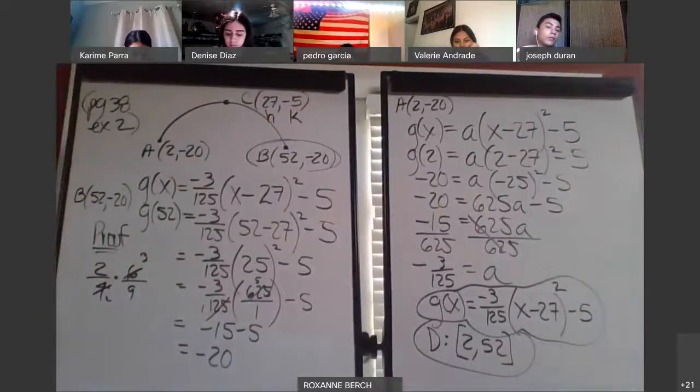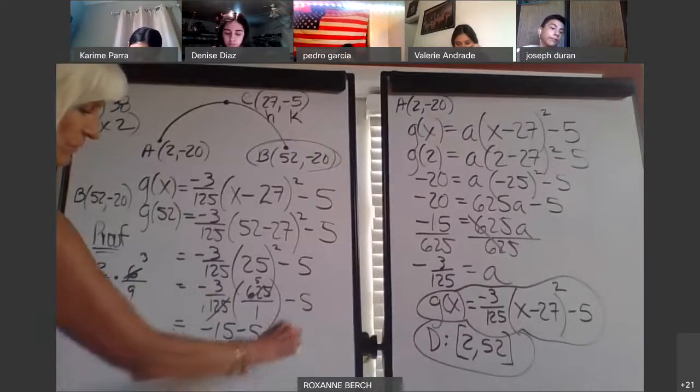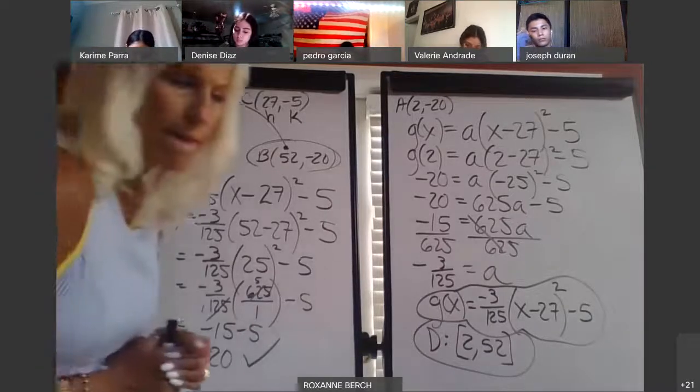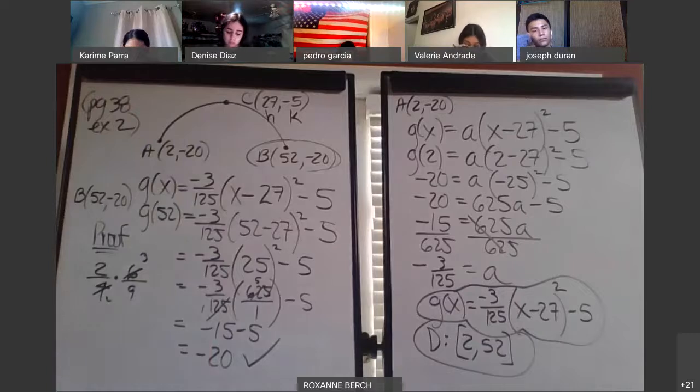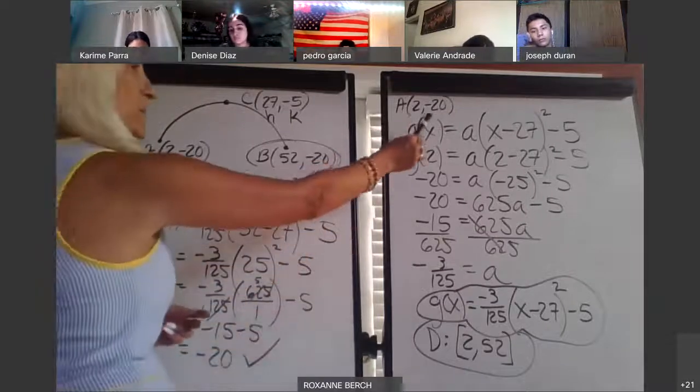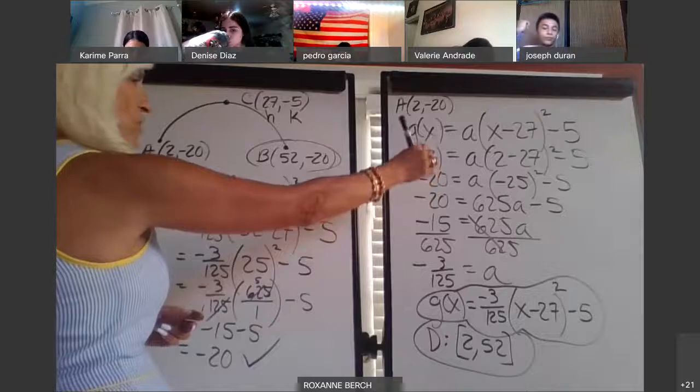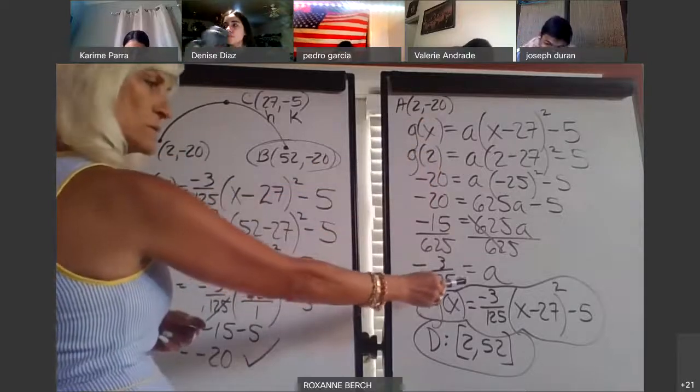Go ahead, what else? So on this, you would just put a check because that's a proof. So we just prove that's right. So basically, you're picking a point, and wherever you see X and Y, you're going to put it in, and you're going to solve for the unknown.